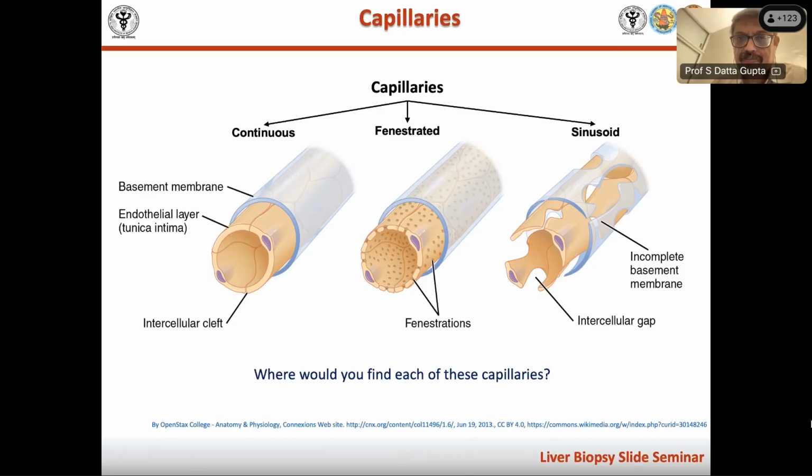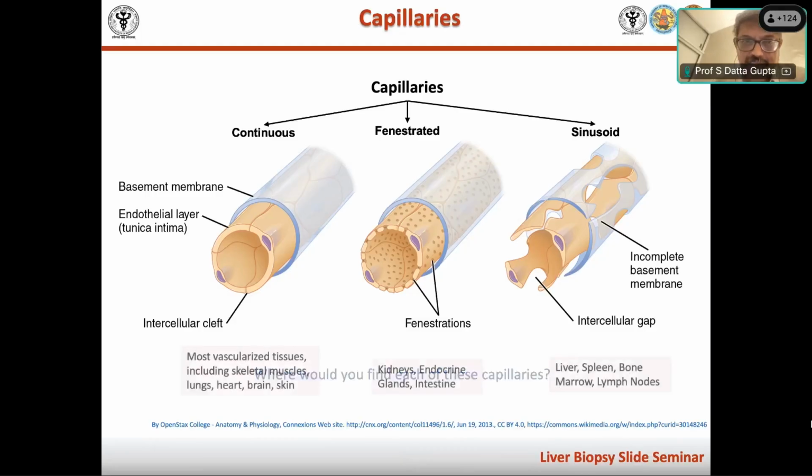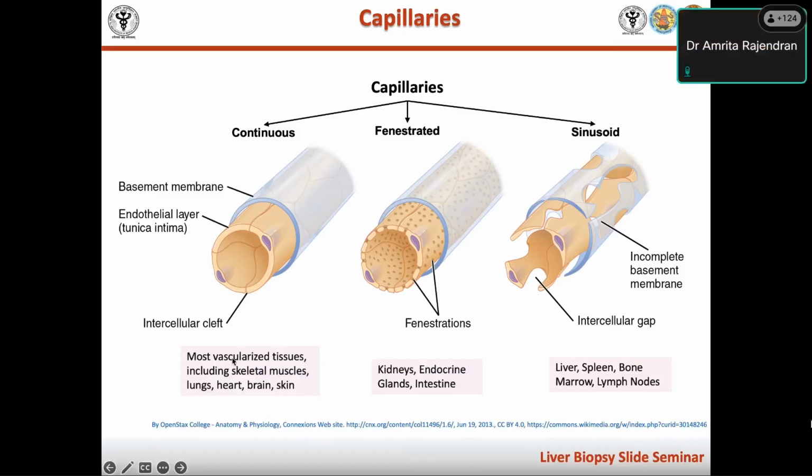Three organs. Anybody? Any of the residents? Dr. Nima has written, fenestrated capillaries are found in the kidney. Very good. Anything else? Anybody else? Good.